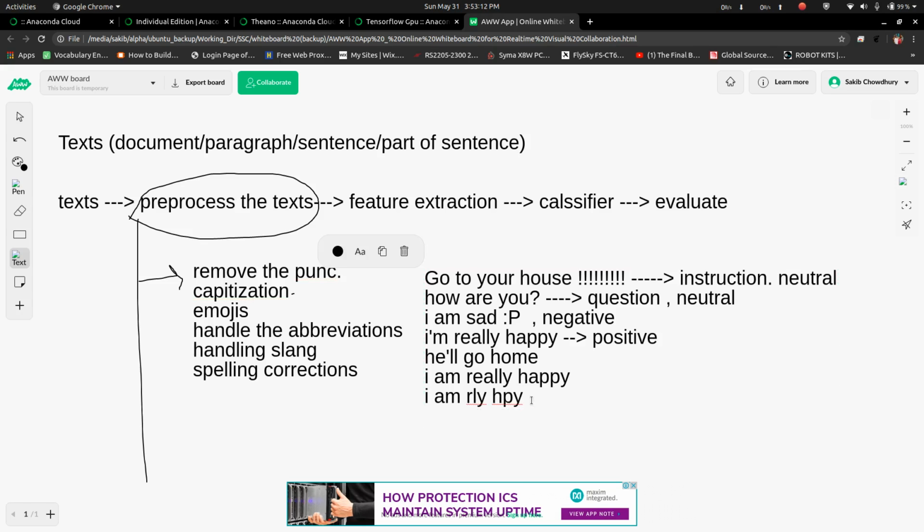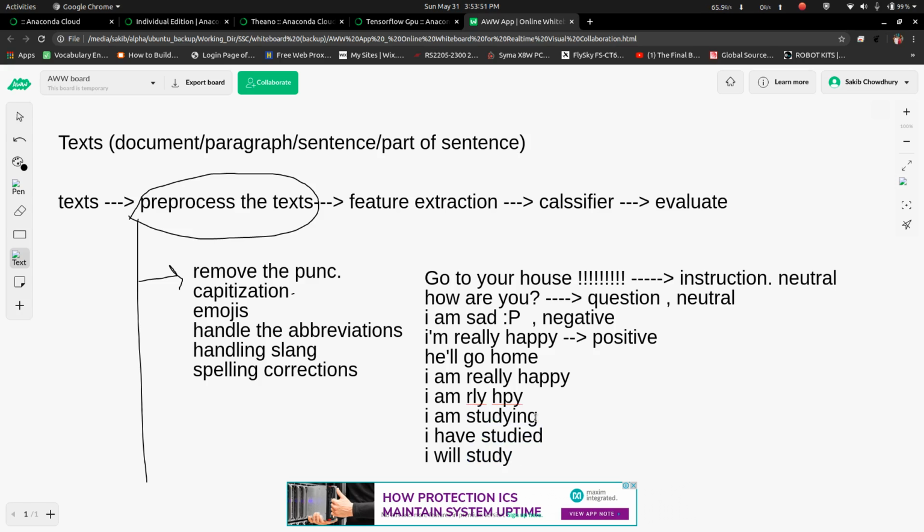Then the last part is stemming actually. Let's suppose I have written "I am studying," "I have studied," and "I will study." As you can see, study, studies, studying, all of them mean the same thing, but we have used three different versions of the same word, study.